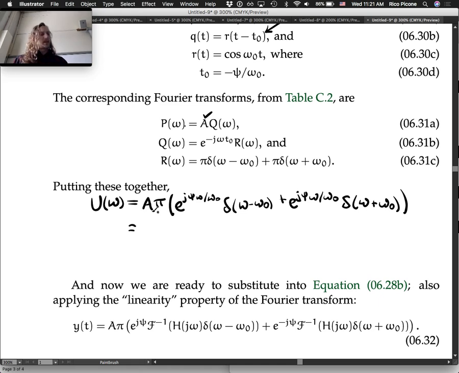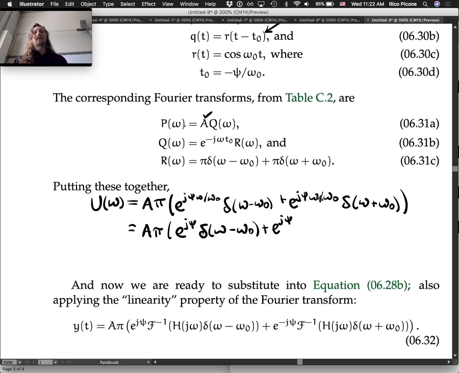So we can rewrite this to be A pi, and since this gets zeroed unless omega is equal to omega naught, we plug omega naught in there, the omega naughts cancel, and we get e to the j psi delta of omega minus omega naught plus e to the, now this is j psi, omega over omega naught shows up again, and this time when omega is equal to negative omega naught, then it's the only time that's important for this delta.